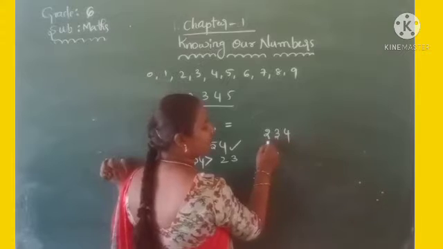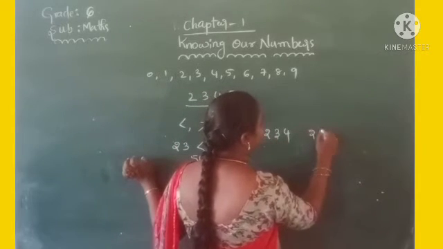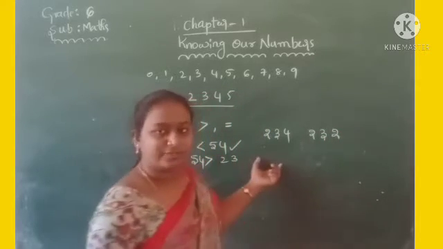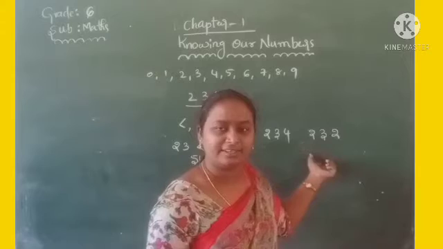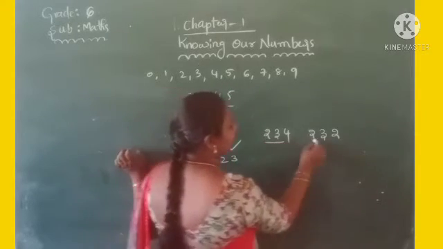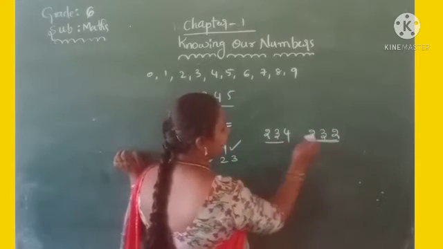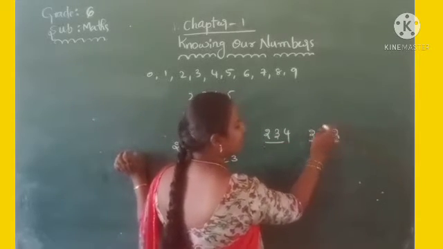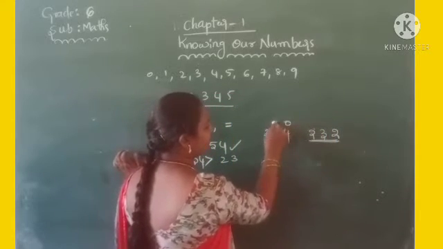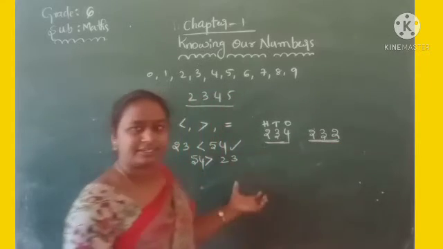2, 3, 4. 234 and 232. Okay, which one is greater? Here, in 3-digit numbers, first you check that all the place values are the same: ones place, tens place and hundreds place. Here also the same. Both are 3-digit numbers.